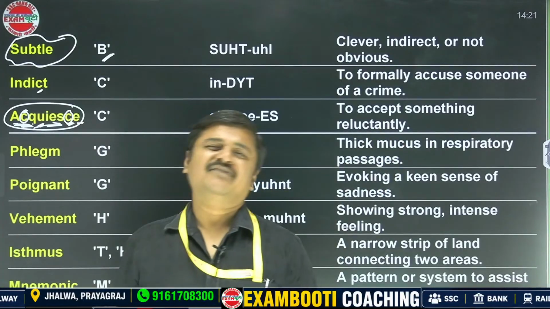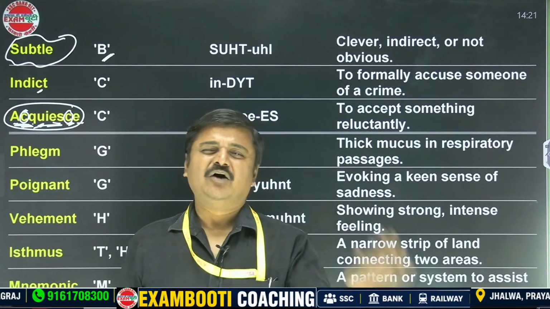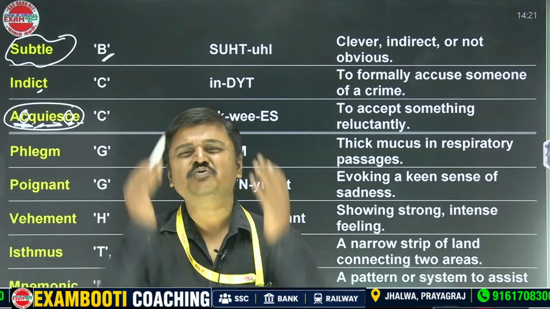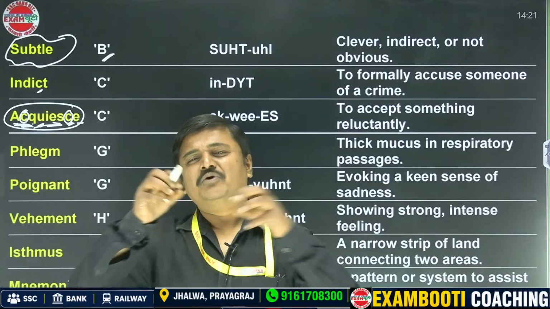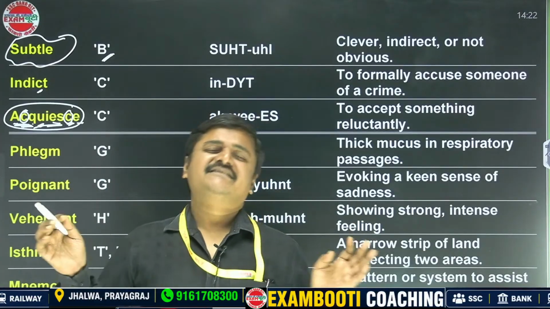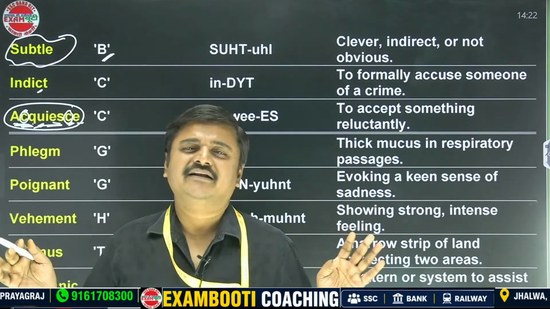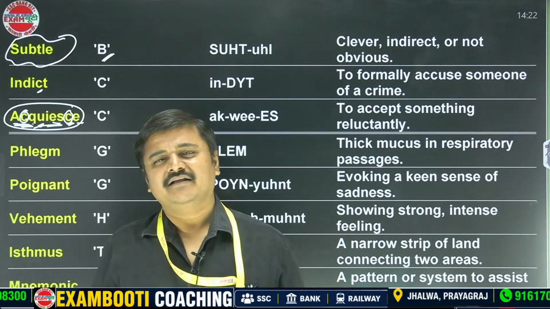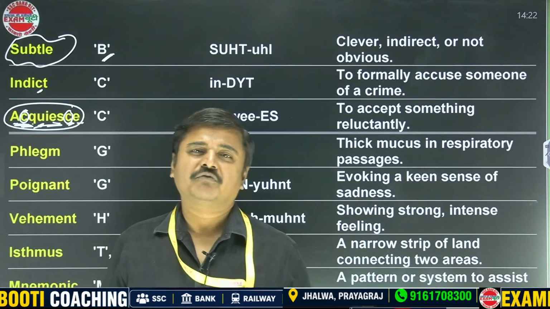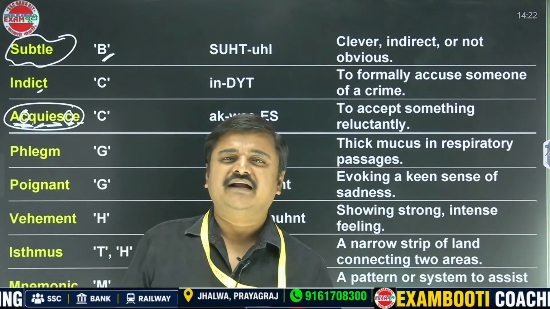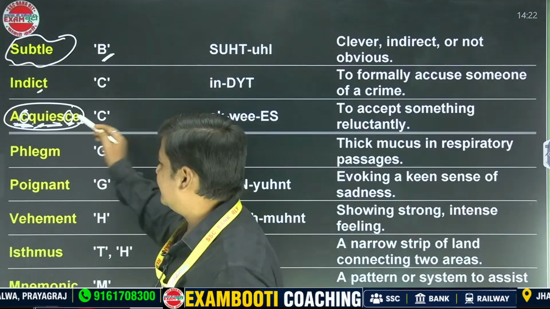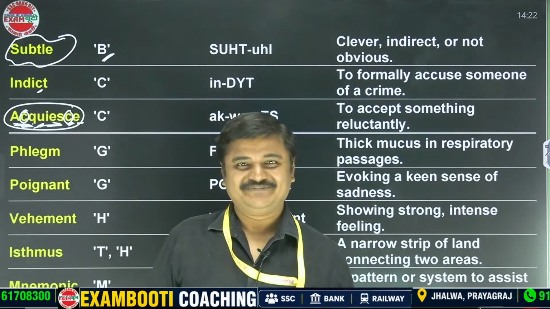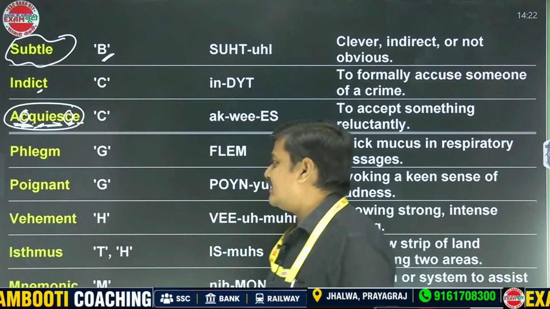You are not interested at all to go out because it is too hot outside and you want to sit in your room in the AC. You are enjoying it. You are not willing, and you have to follow your father. You have to accept that order. This is called acquiesce.